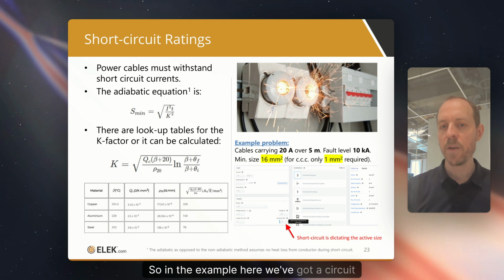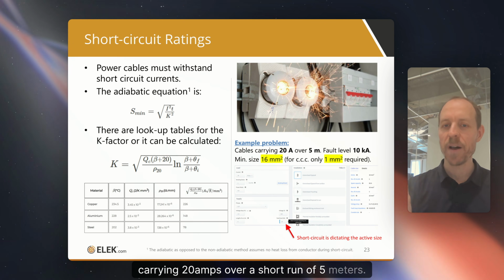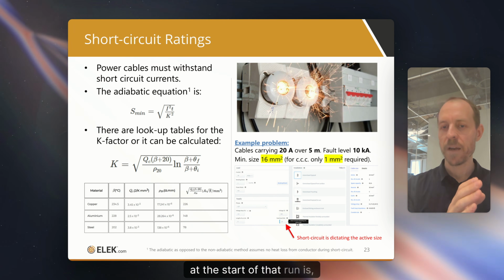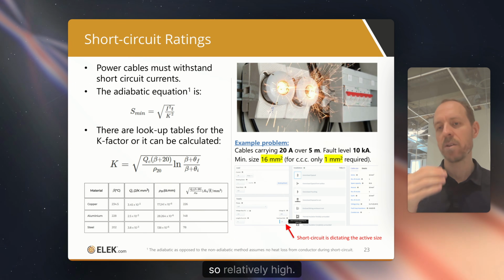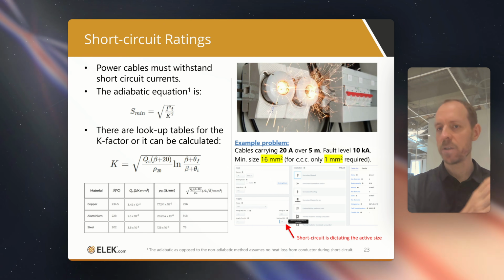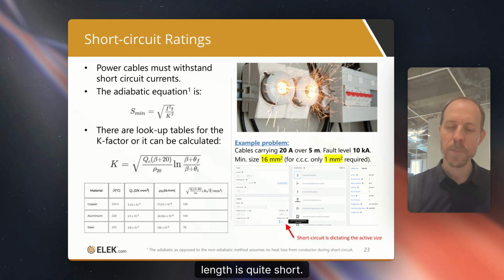So in the example here, we've got a circuit carrying 20 amps over a short run of 5 meters. And the fault level at the start of that run is 10 kA, so relatively high. So this could be a cable inside or adjacent to a switchboard where the fault level is high and the length is quite short.